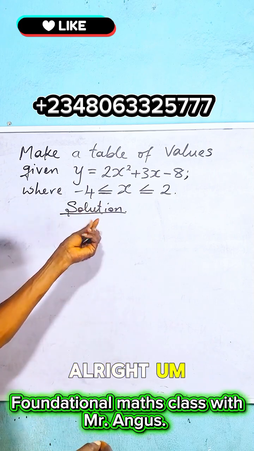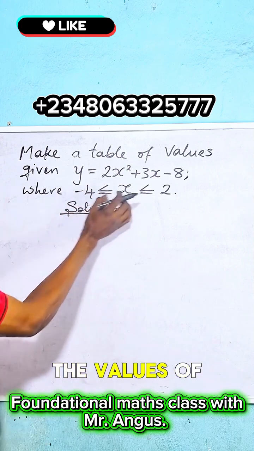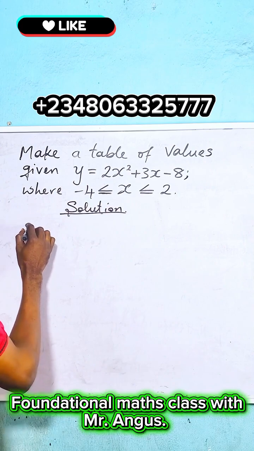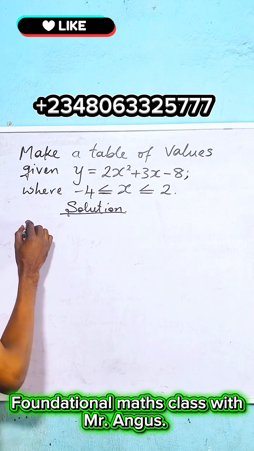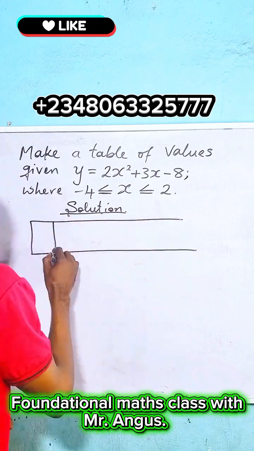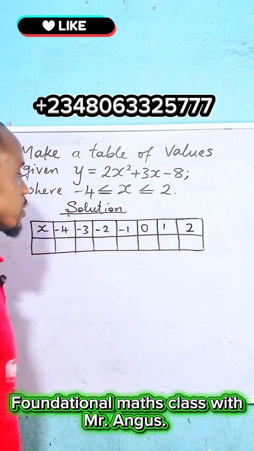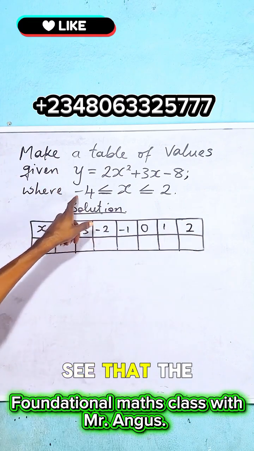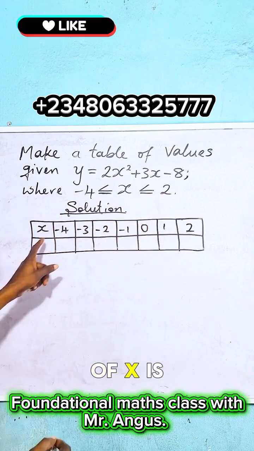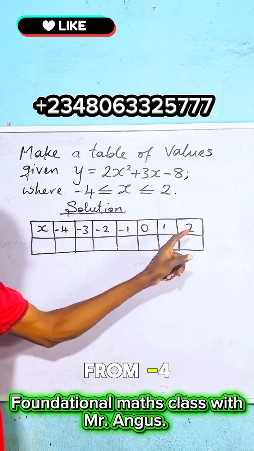All right, let's get out the values of x. So you can see that the range of values of x is from minus 4 to 2.